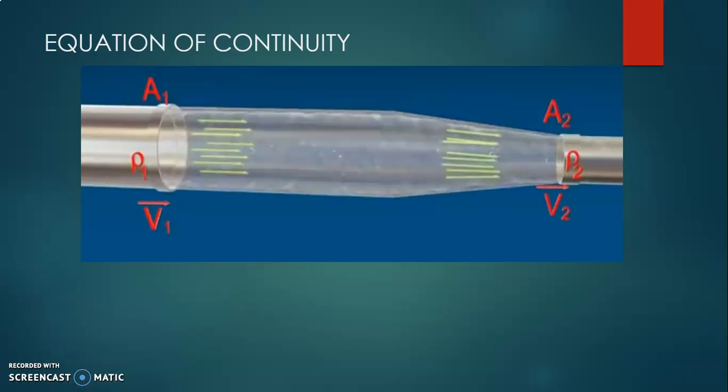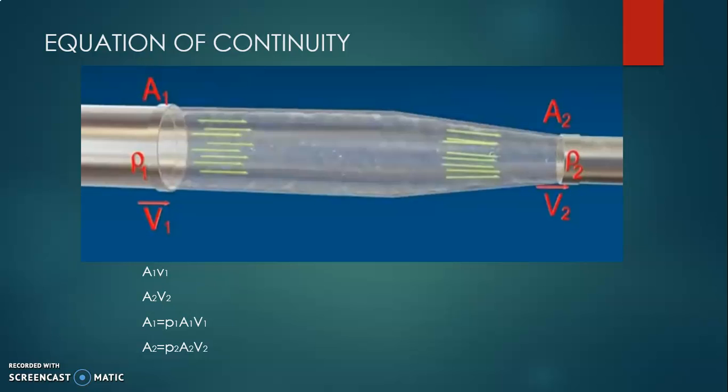Consider a fluid that moves through a tube of areas of cross-section A1 and A2 respectively. The volume of water entering A1 per second and the volume of water leaving A2 per second. Therefore, the mass of fluid entering per second at A1 and the mass of liquid leaving per second at A2.